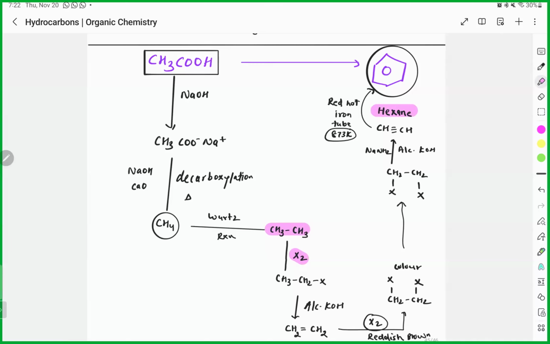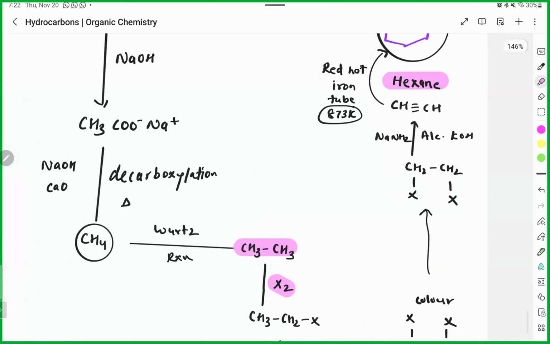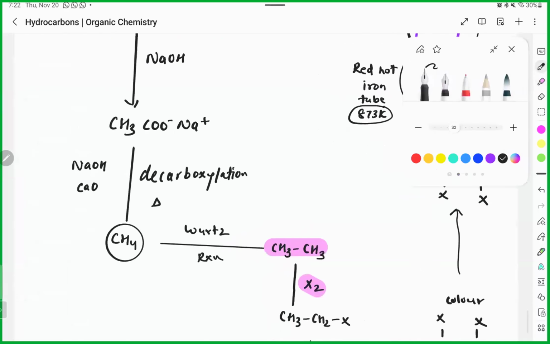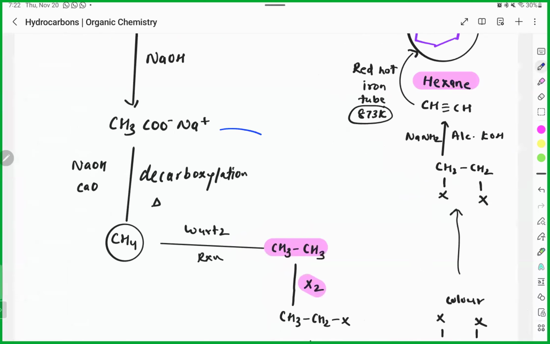Example, let me show you one more example. If you take this reaction, you can directly convert into this by Kolbe electrolysis. So it's your choice. You can do this. NCERT did not mention this, but you can do. Why? Because in Kolbe electrolysis, number of carbon become double, right?